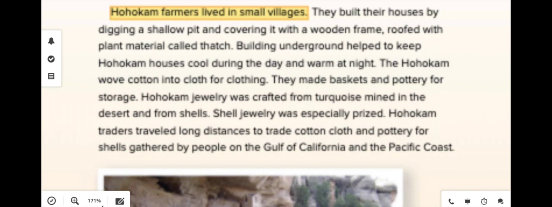Hohokam jewelry was crafted from turquoise mined in the desert and from shells. Shell jewelry was especially prized. Hohokam traders traveled long distances to trade cotton cloth and pottery for shells gathered by people on the coast on the Gulf of California and the Pacific coast.